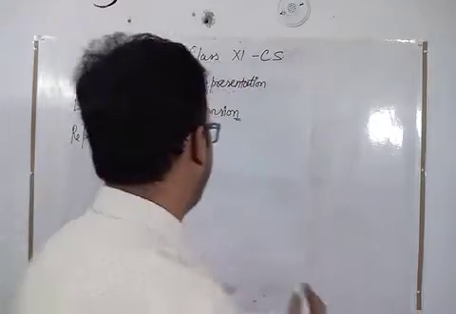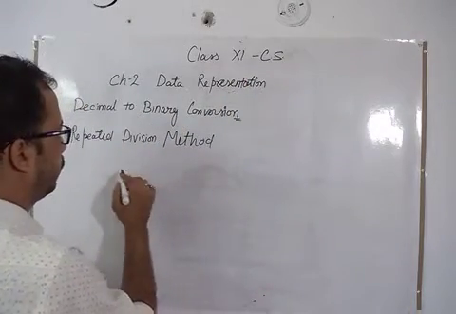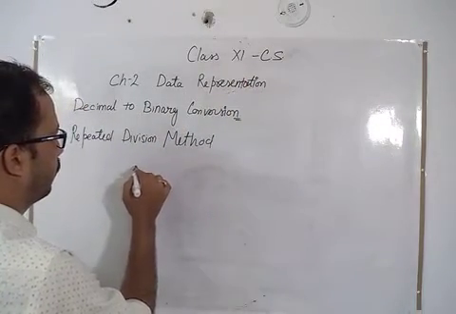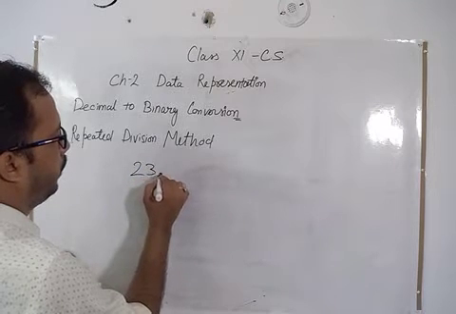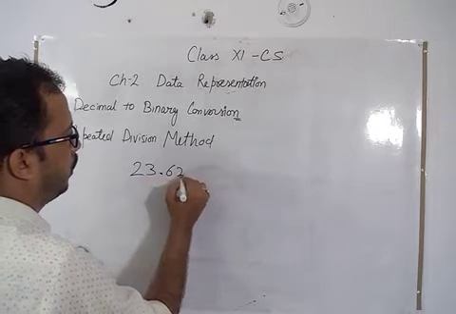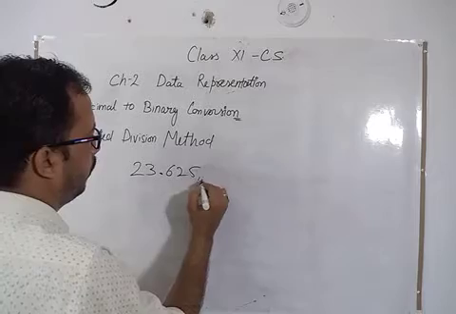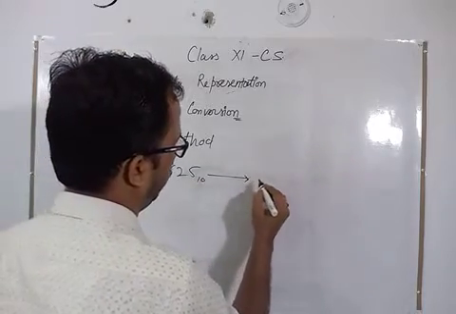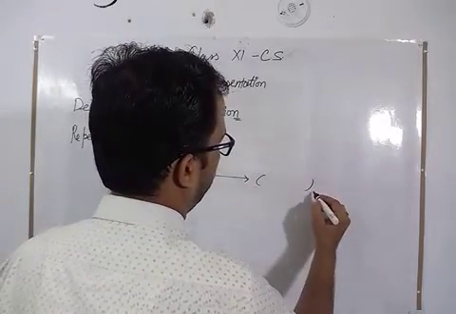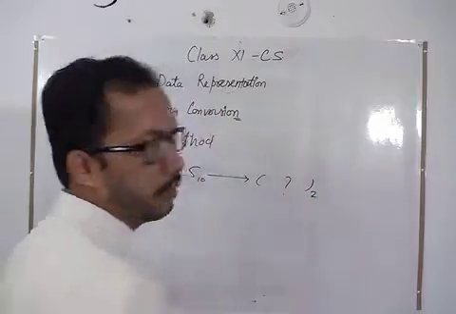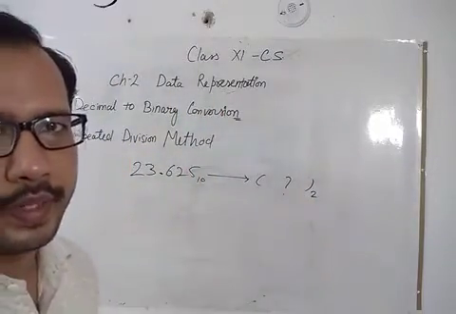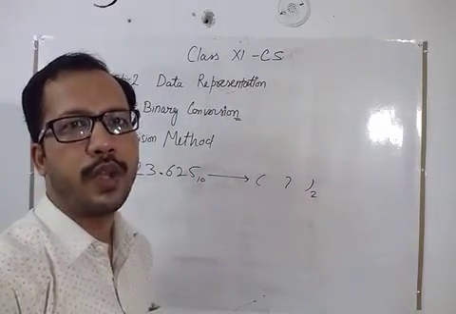So we will take a number which is 23.625 base 10, and we want the binary equivalent. Okay, we want a binary equivalent for 23.625.